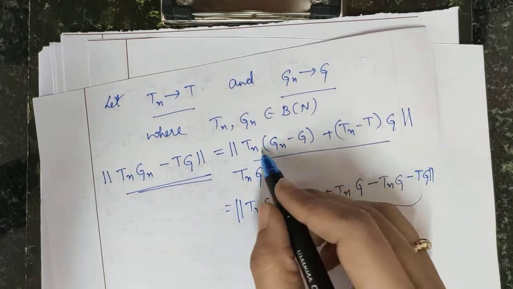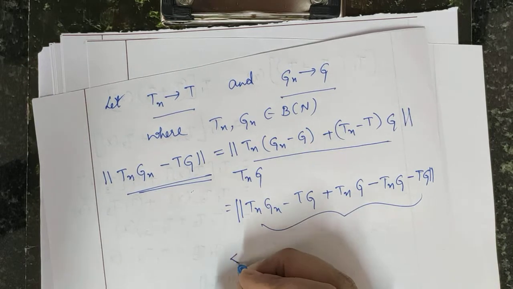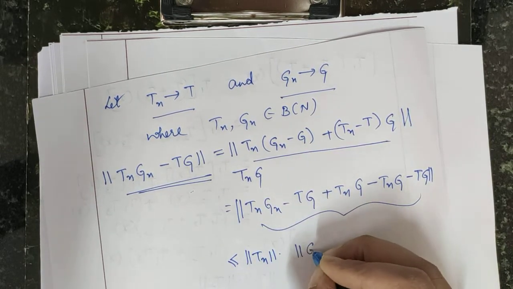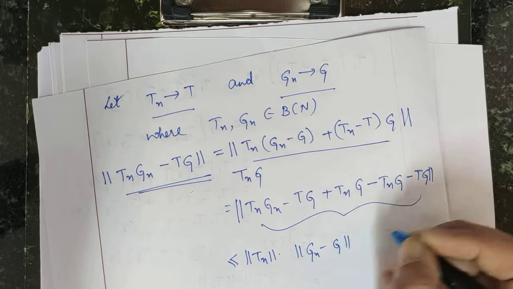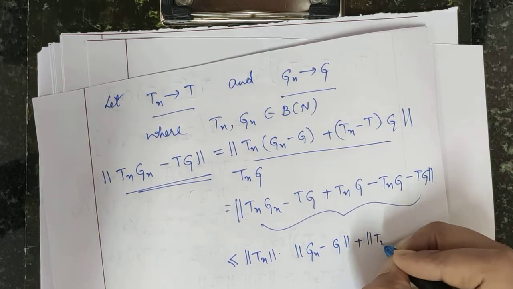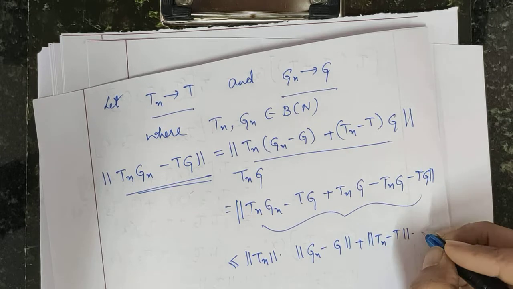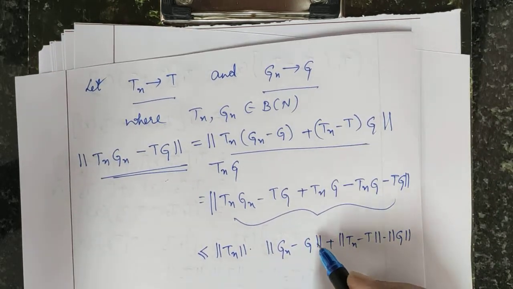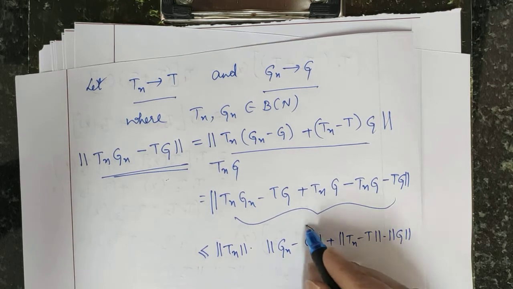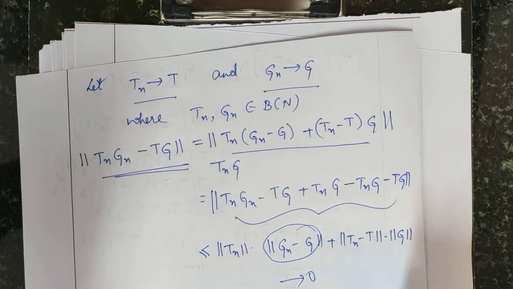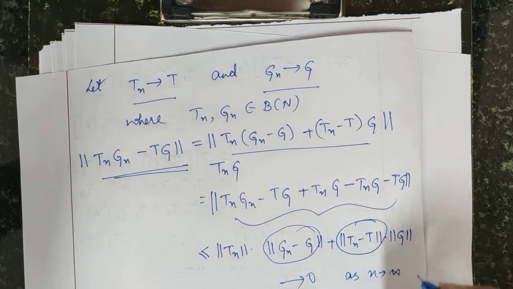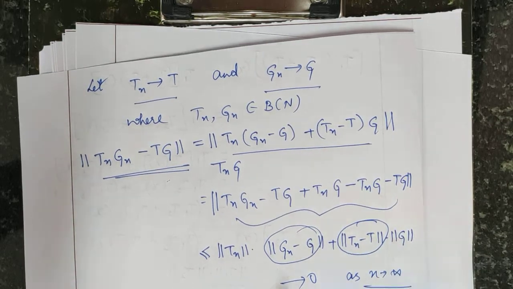So now if you split this modulus, you will get an inequality: norm Tn into norm Gn minus G plus norm Tn minus T into norm G. Obviously, since we are in a Banach space, this whole term converges to 0 as n tends to infinity, and this whole term converges to 0 as n tends to infinity.